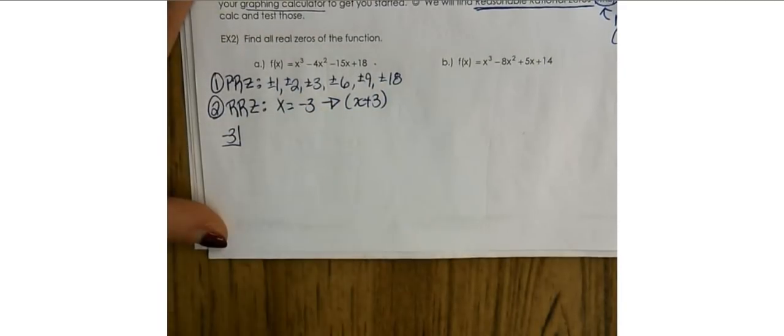But in the meantime, I'm going to use that -3 inside of the little box, and I'm going to use synthetic division for me to change this cubic to a quadratic. So I'm going to write down 1, -4, -15, and 18.